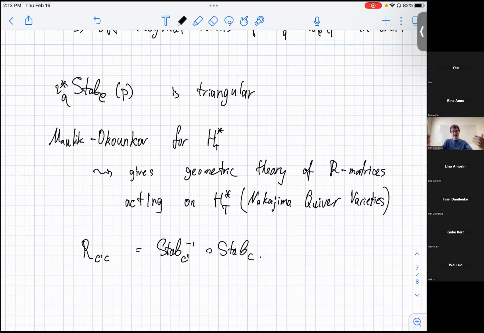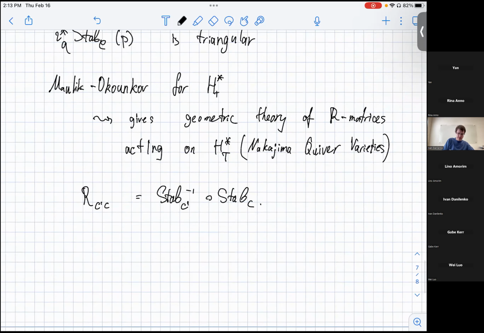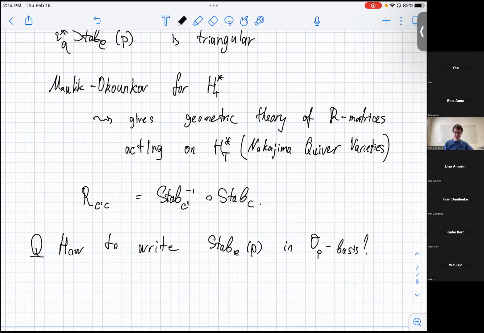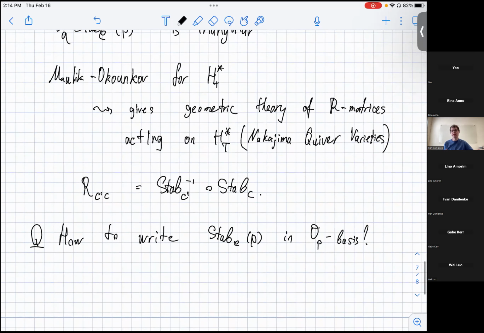So, as we said, after localization this is a basis, and there is a standard fixed point basis, right? Push forwards of structure sheaves of the point. So we can ask how to write the stable envelope of a chamber C in the basis of structure sheaves of fixed points, or what is the transition matrix between them?